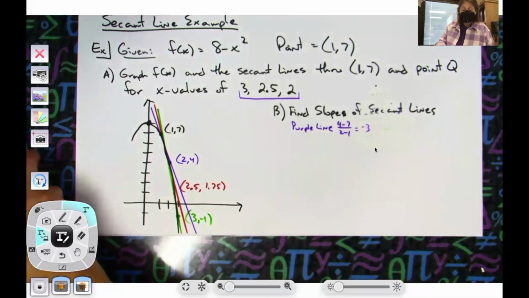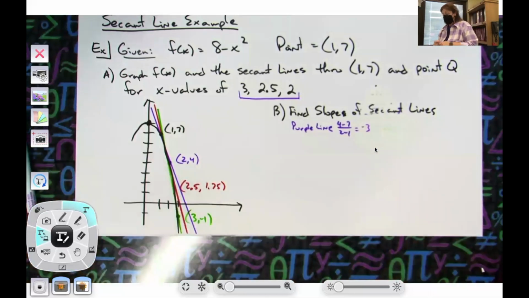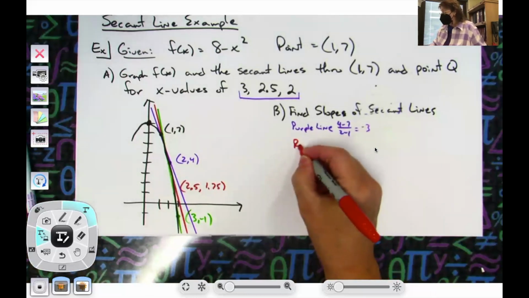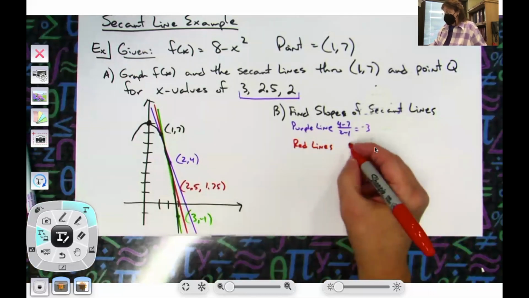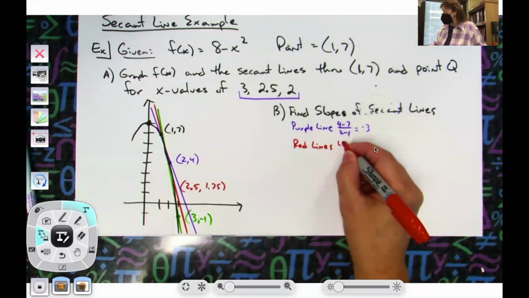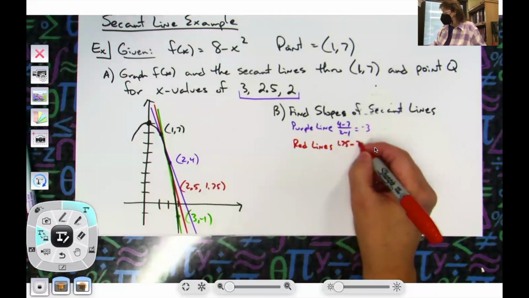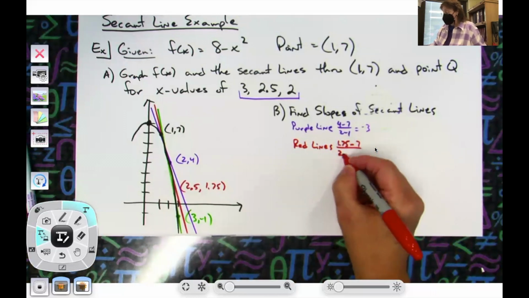All right, let's see if we can do the red line. Okay, my red line. So let's do 1.75 minus 7 over 2.5 minus 1.